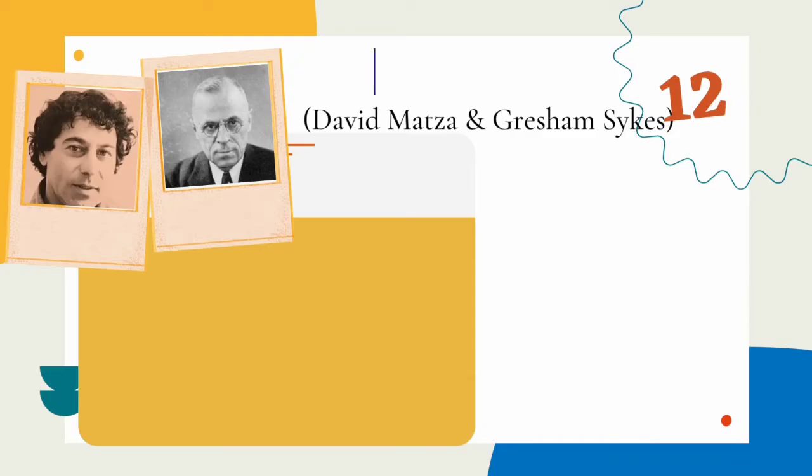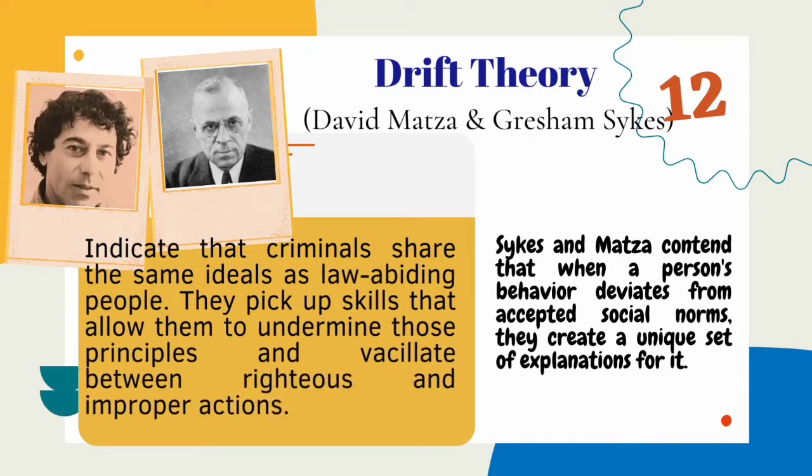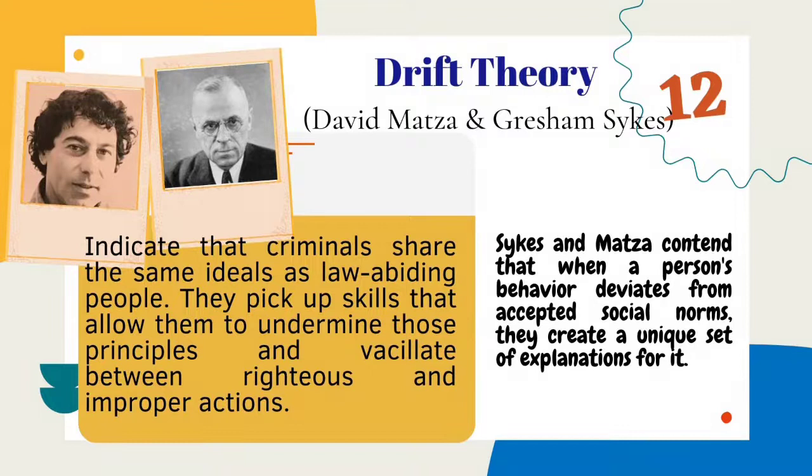Drift Theory by David Matza and Gresham Sykes indicates that criminals share the same ideals as law-abiding people. They pick up skills that allow them to undermine those principles and vacillate between righteous and improper actions. Sykes and Matza contend that when a person's behavior deviates from accepted social norms, they create a unique set of explanations for it.